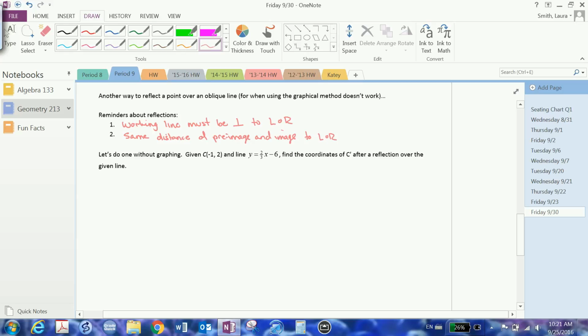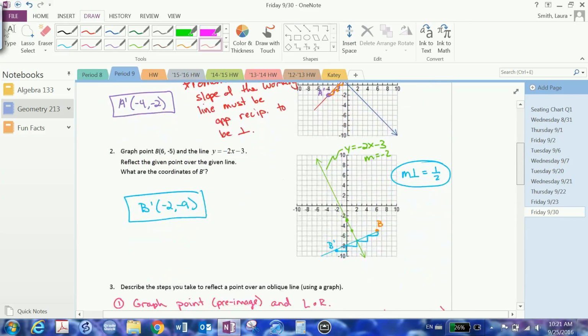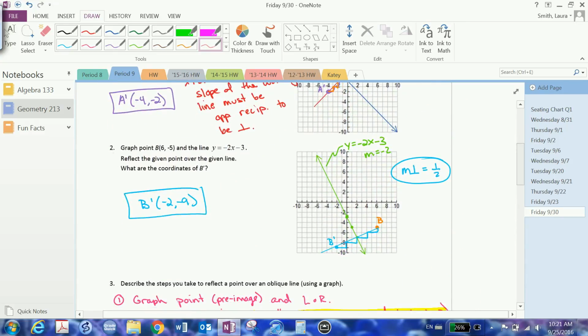All right, so I'm just going to go back to the front side for just a minute. Look at this. Noticing something about that point of intersection, right? When we're talking about this point of intersection, this one right here. Well, if I look at the segment that connects B to B prime, what's true about that point of intersection?